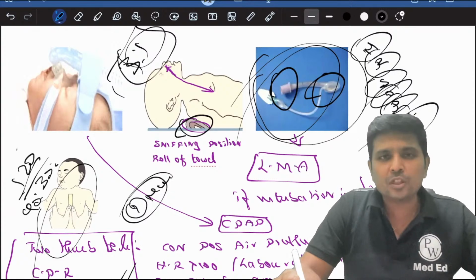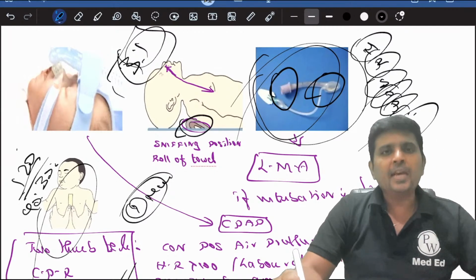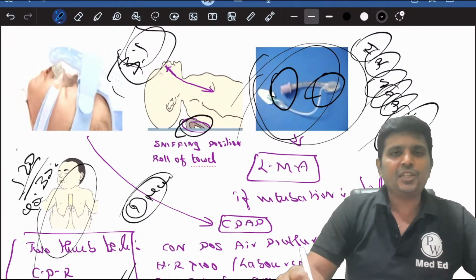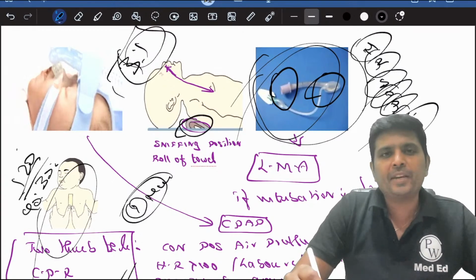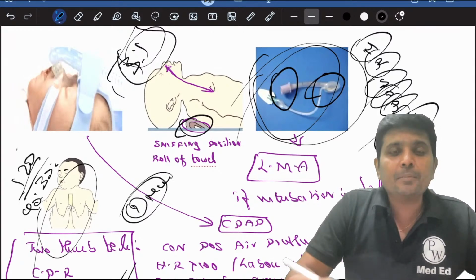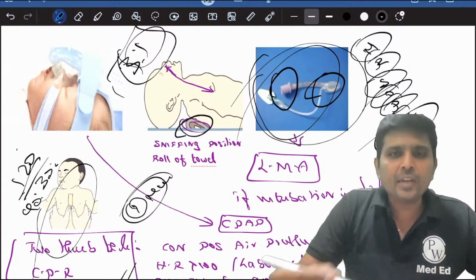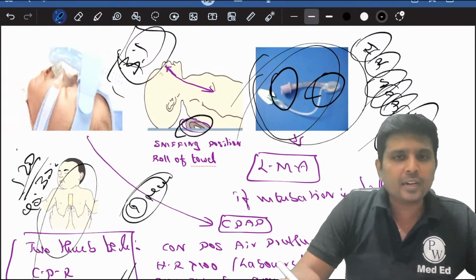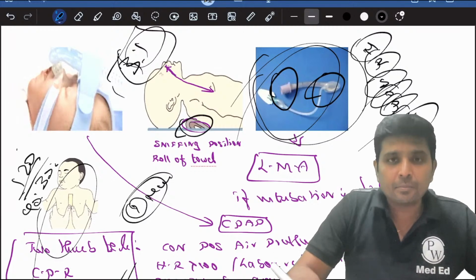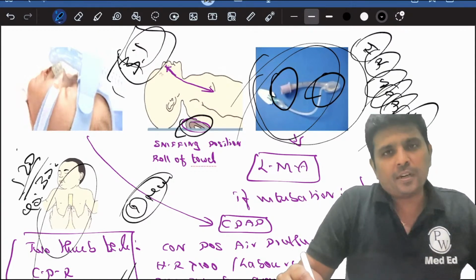You need to mix it with 9 ml of normal saline to convert it to 1 in 10,000 adrenaline, and you start giving 0.1 ml to 0.2 ml per kg, the new thing is 0.2 ml per kg of adrenaline through the umbilical vein. Umbilical vein is the best easily available vein even in conditions of shock. So you will give 0.2 ml per kg of adrenaline through the umbilical vein, followed by a fixed 3 ml normal saline bolus.